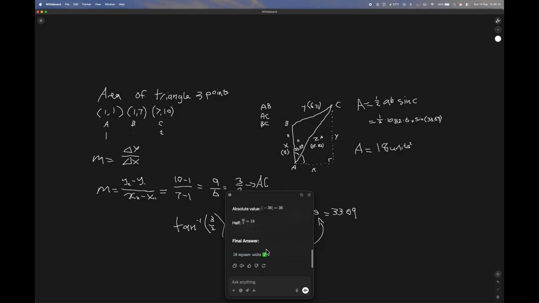There we go. That there is area of a triangle given 3 points.